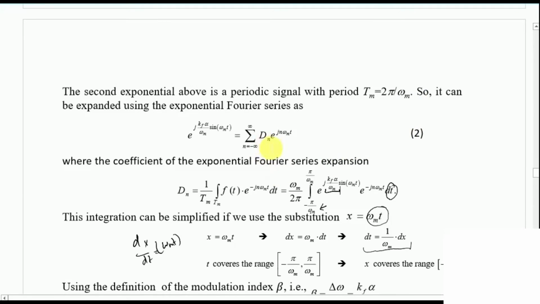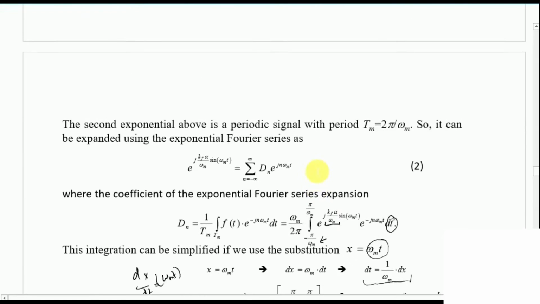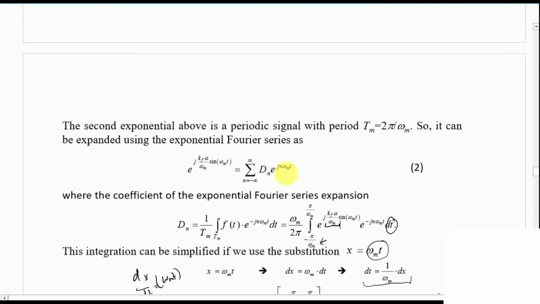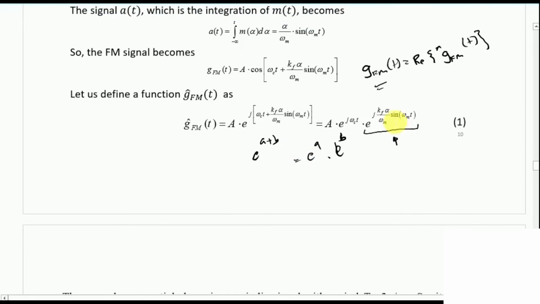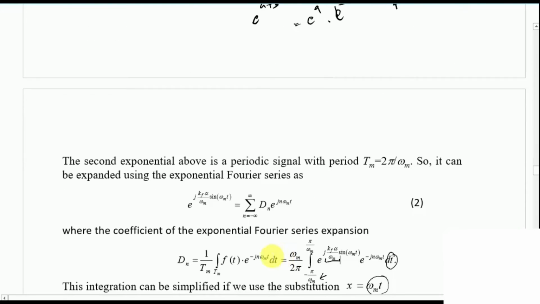So we now have an expression of dn in terms of the Bessel function, Jn of beta. If you put this 2 in 1, this expression was expressed in terms of the exponential Fourier series, but for that we have the value of dn, which is in terms of the Bessel function.